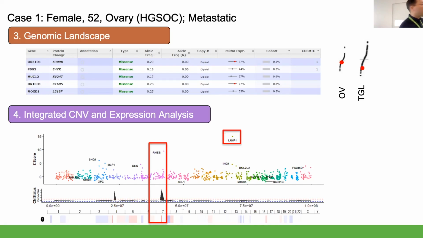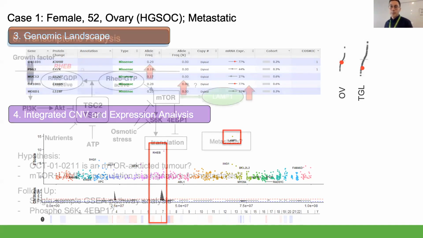So in this plot down at the bottom, we can see a copy number track on the bottom and z-score expression on the y-axis, and we can see that there's overexpression of some potentially clinically relevant genes, BREB and LAMP1, and these can help us to drive a hypothesis for further analysis.